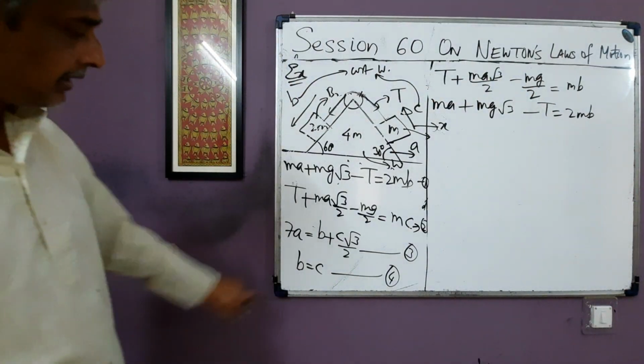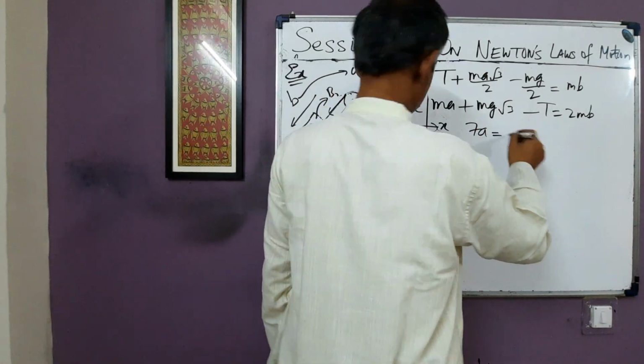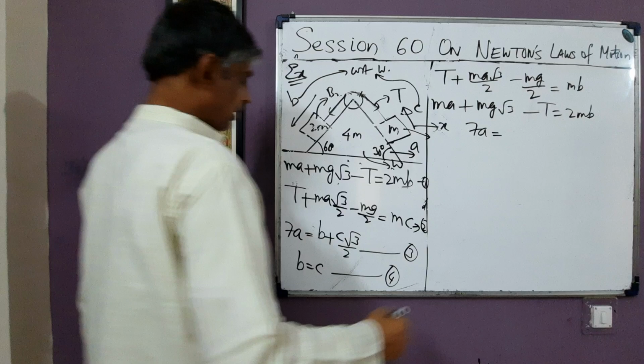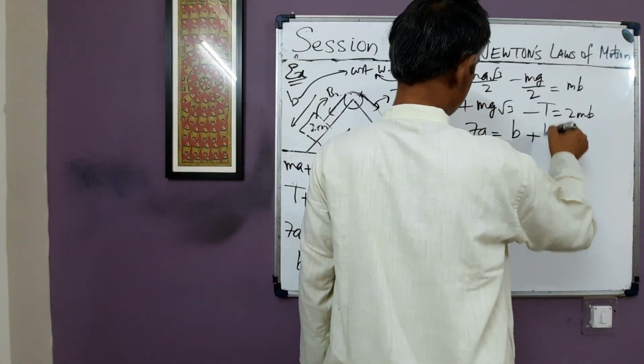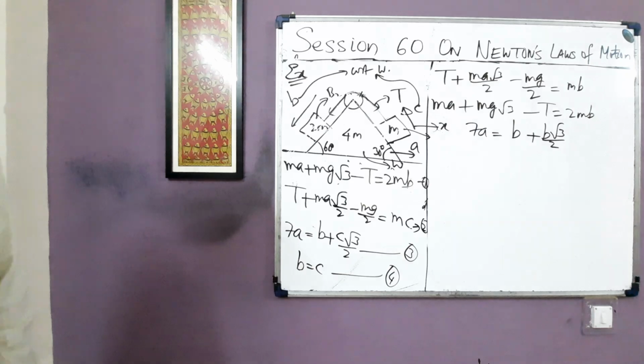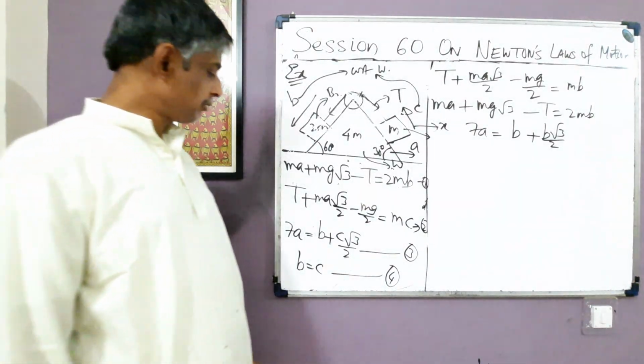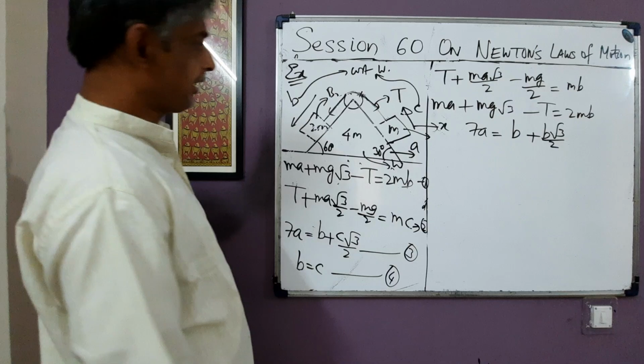Here also replace C by B. 7a is just equal to B plus B root 3 by 2. Here 7a becomes B plus B root 3 by 2.